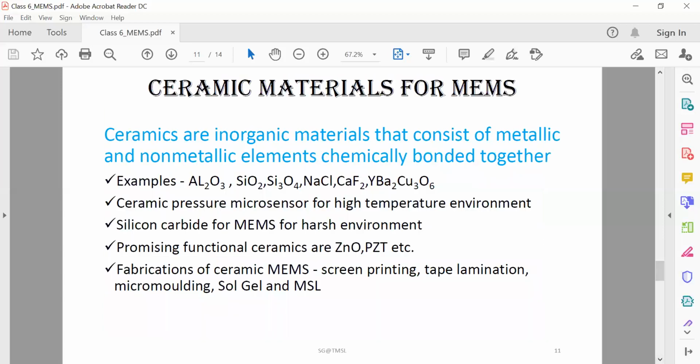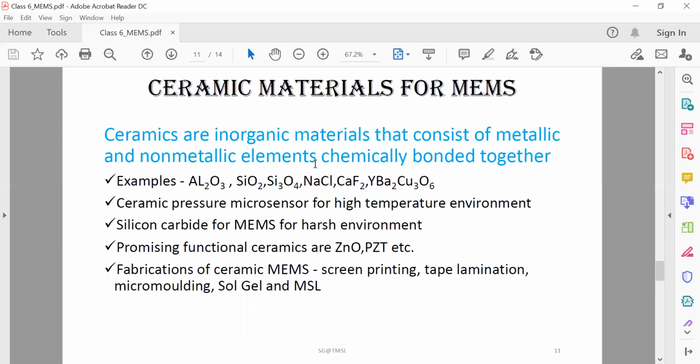Now we come to the ceramic materials for MEMS. We discussed metal alloys and polymers. Now we will discuss ceramic materials. Ceramics are inorganic materials that consist of metallic and non-metallic elements chemically bonded together.